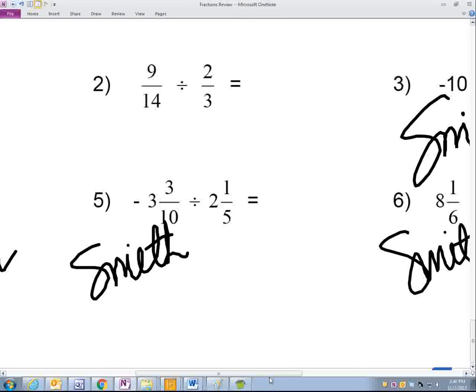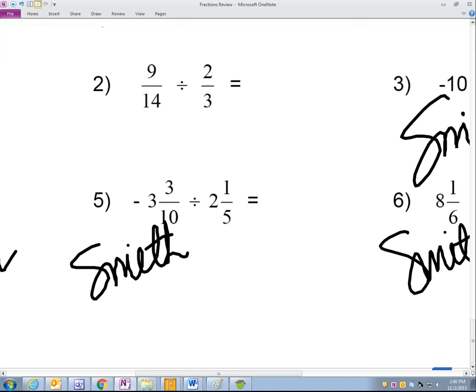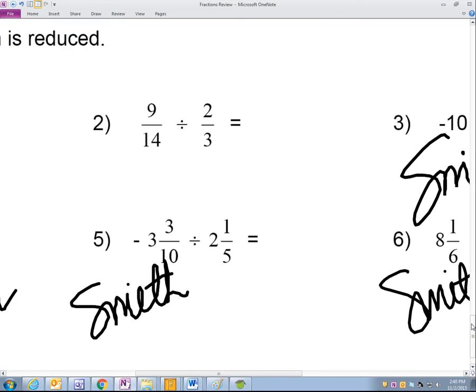Here we go. We are going to keep, change, flip these two fractions. So I have keep, which is 9/14. Change that into multiplication and flip the other fraction over.